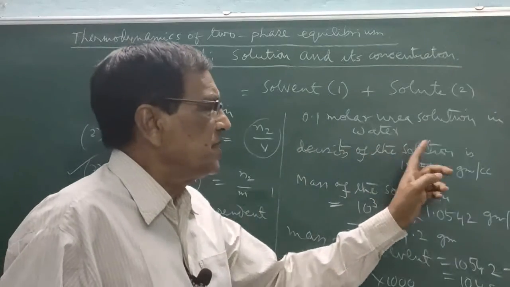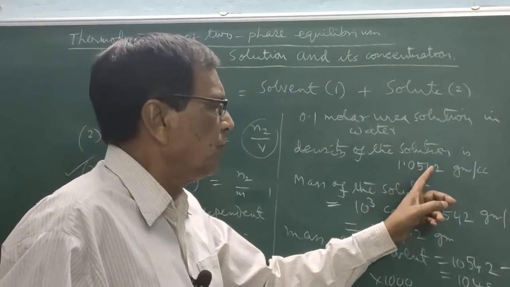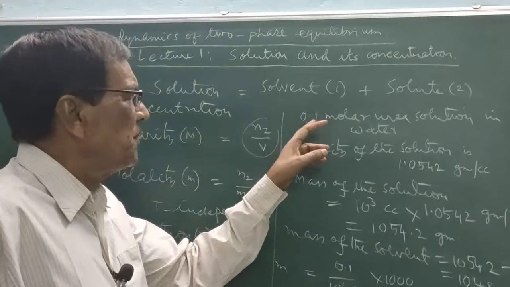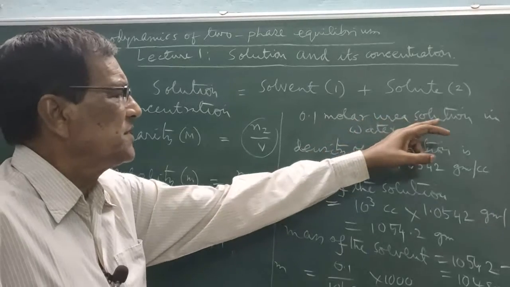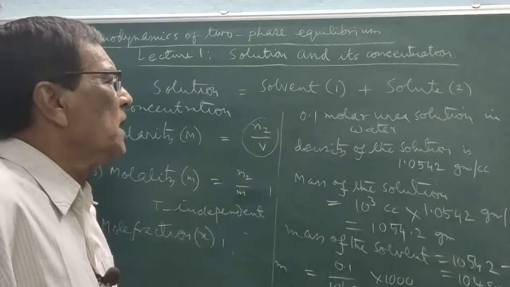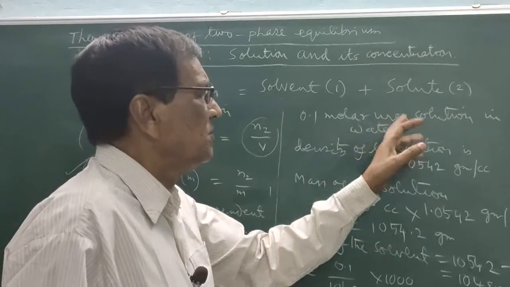The density of this solution is 1.0542 gram per cc. So a 0.1 molar urea solution in water means 0.1 mole of urea is dissolved in 1000 cc of the solution.